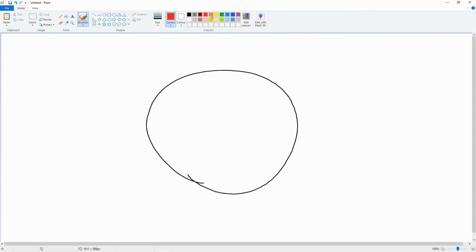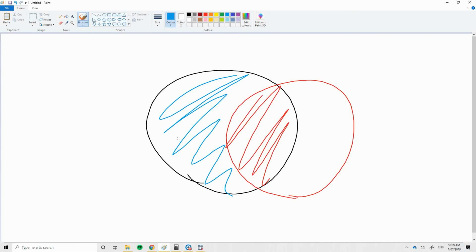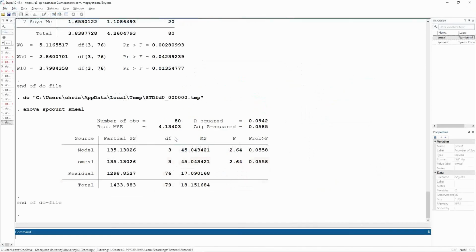And then our sums of squares for our IV is the amount of variance in the DV that's accounted for by the IV. And then the residual term is everything else. This is expressed in a unit called sums of squares. And so what we see is S-meal has 135 sums of squares, whereas residual has 1,298. If I add these 2 together, I'll get 1,433.